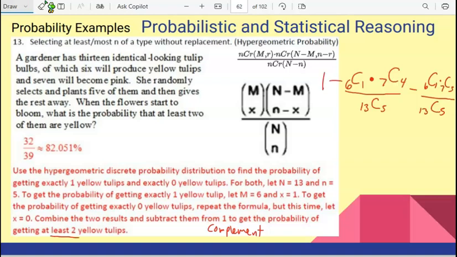We'll write out the formula. Notice the only thing that changes here is the value with the x.